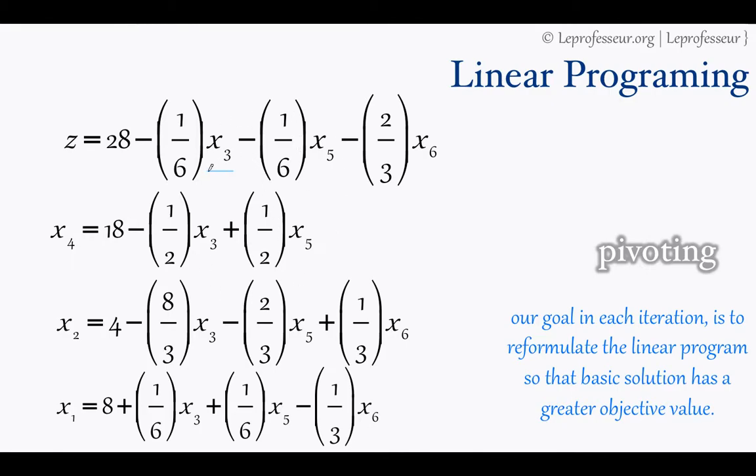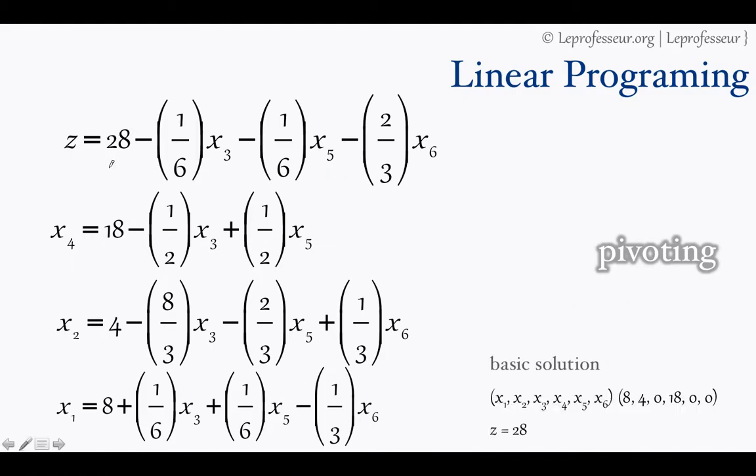Now, bingo, here we have every variable with a negative coefficient, meaning we cannot increase the value of these variables x3, x5, x6. So that means that whatever solution we have right now, the basic solution, would give us the optimal value, or the maximum value, of our objective function, which would be 28.